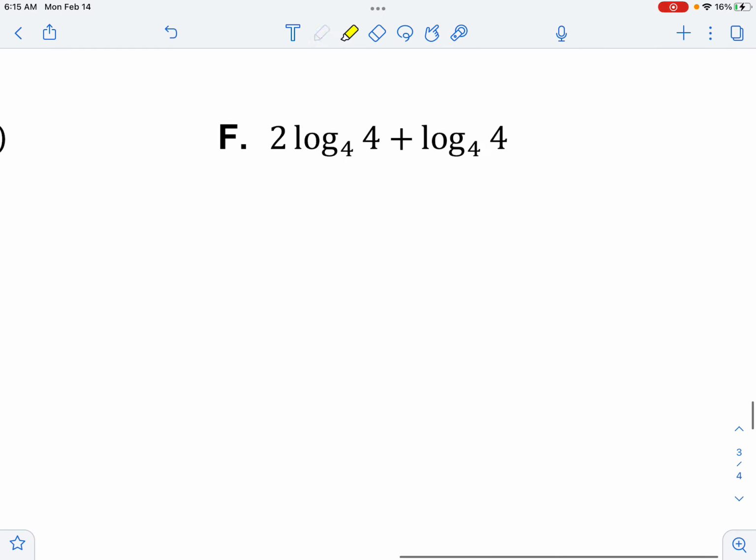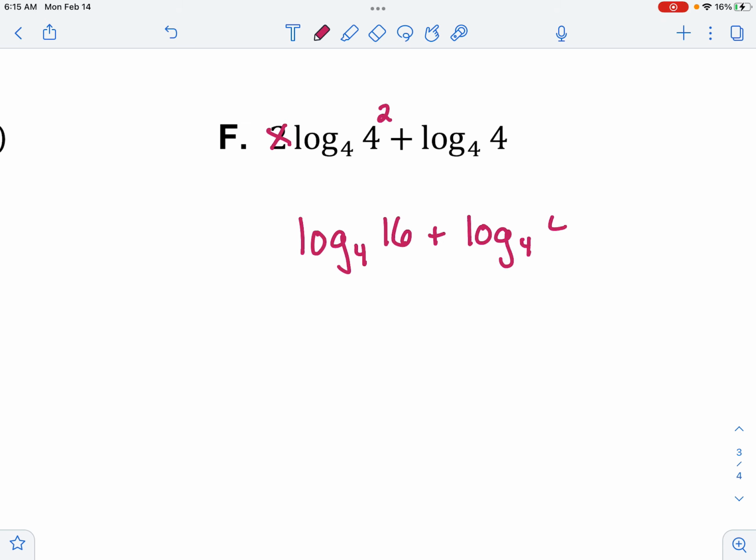And then the final one, we're going to put this 2 up here. We're going to make that log base 4 of 4 squared, which is 16, plus log base 4 of 4. And so that gives us log base 4 of 16 times 4, which is 64. 4 to what power is 64? This whole thing equals 3.